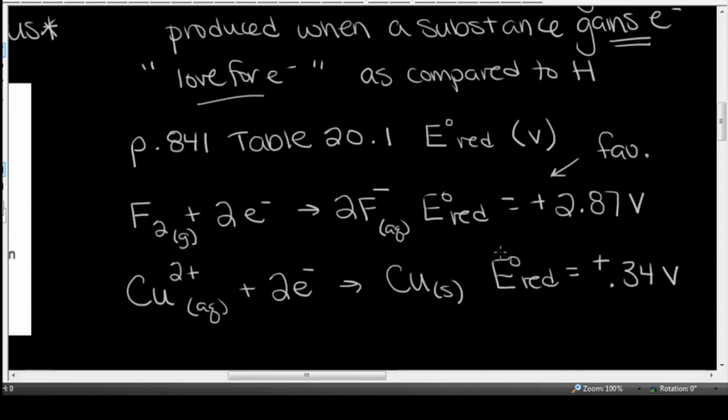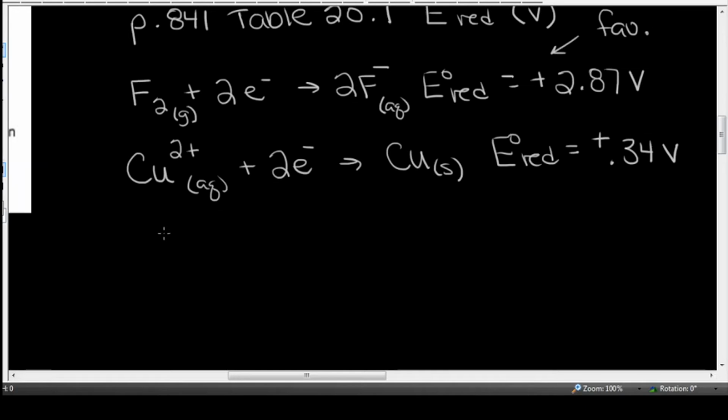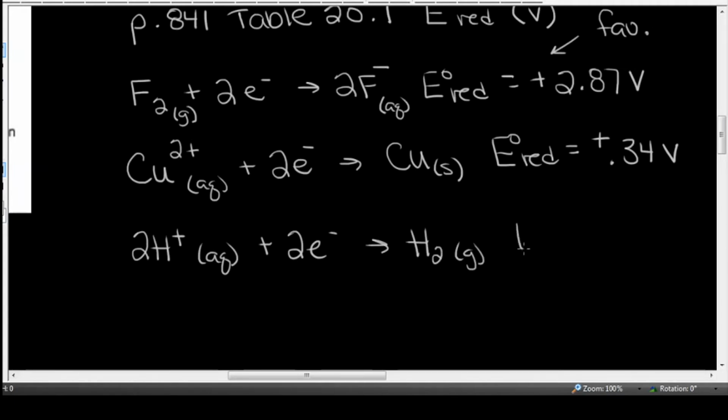So you can see the 0 is for the reduction of hydrogen. Okay, so we're comparing everybody to hydrogen here. So if 2H plus ions were to gain 2 electrons to become hydrogen gas, this is what we are comparing everybody against.